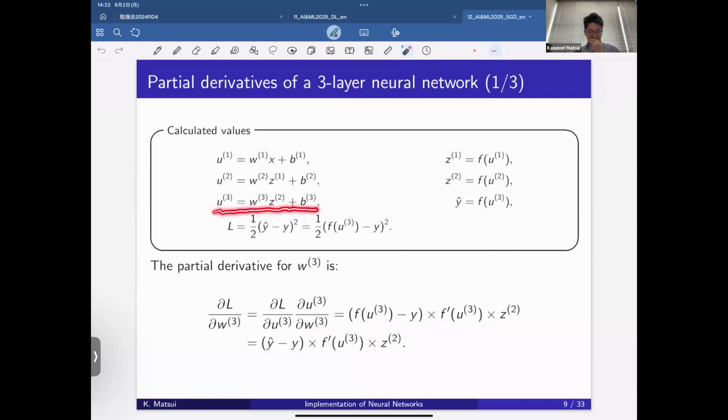When we take the partial derivative with respect to W3, Z2, this part, comes out. So the partial derivative with respect to W3 becomes like this.